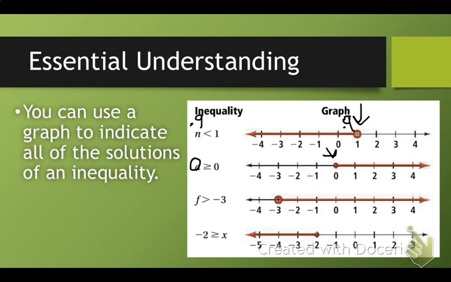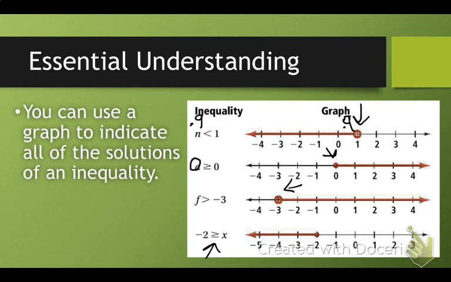Okay, so in the third one here, f are all numbers greater than negative 3, so we have an open circle because negative 3 does not work as a solution, but we are demonstrating with our arrow and our line that any number larger than negative 3 can fit. In the last one, negative 2 is greater than or equal to x, so we have a closed circle because it does have the or equal to symbol, and pointing to the left indicating the numbers less than negative 2.